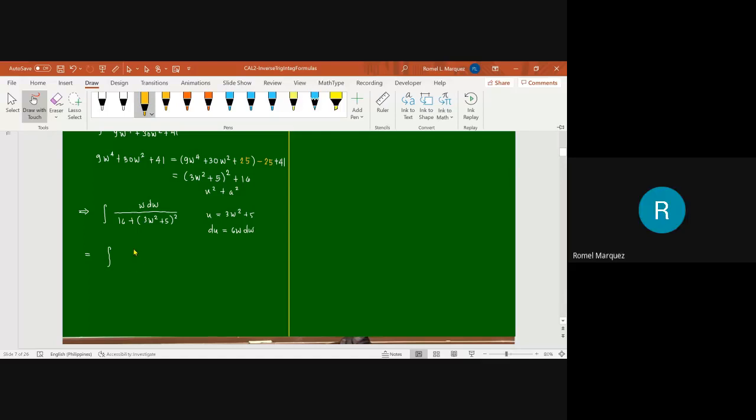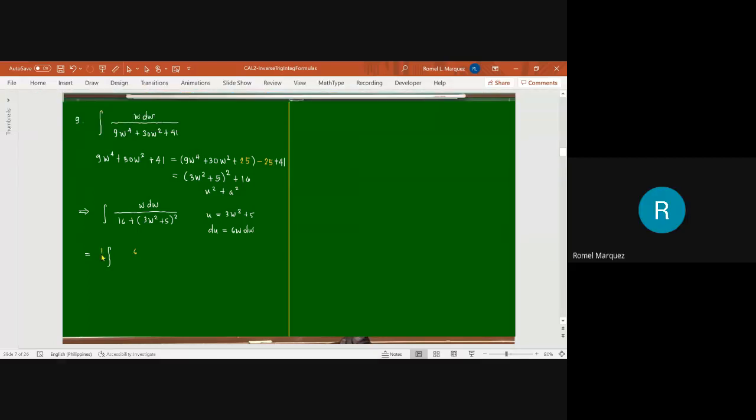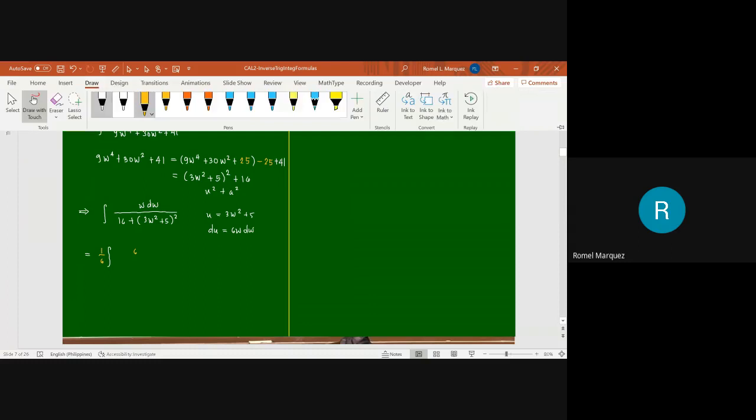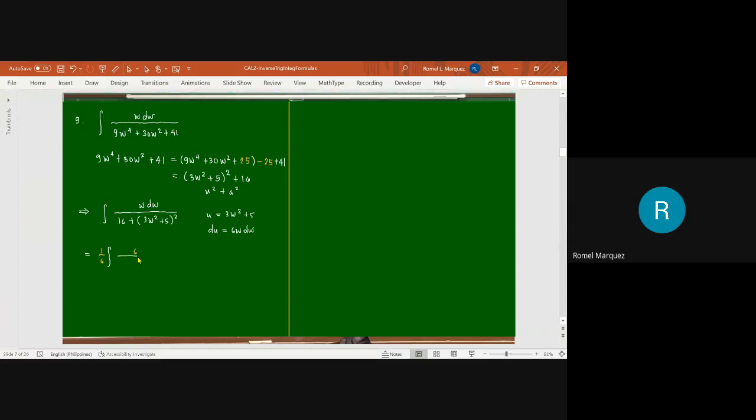So I multiply by 6 and balance outside by 1 over 6. The denominator is 16 plus 3w squared plus 5, quantity squared, and copy the numerator, w dw. So this is now complete.